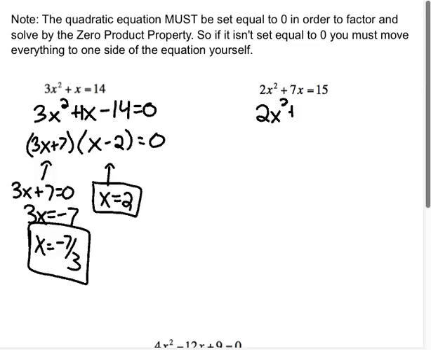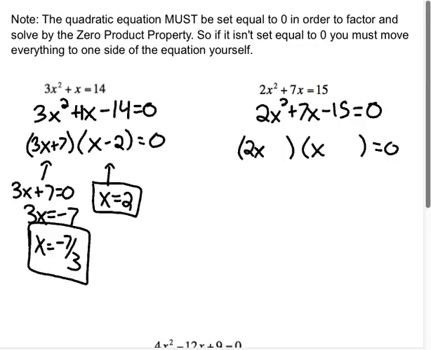Here again, emphasis on the zero product property. I need to subtract that 15 off, and now I can factor this. 2x and x make 2x squared. So now negative 15 has some options, okay?